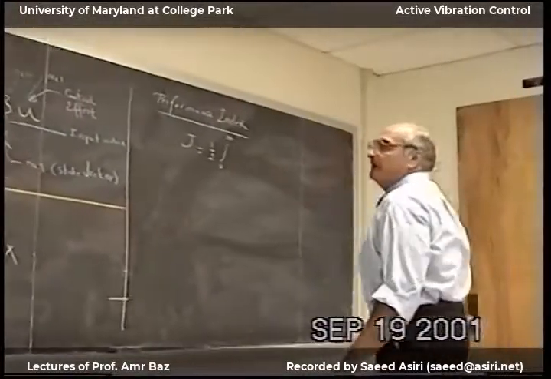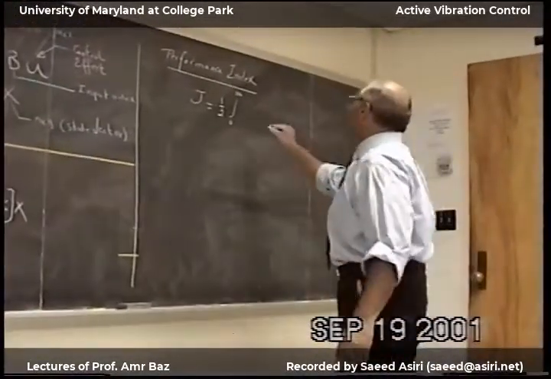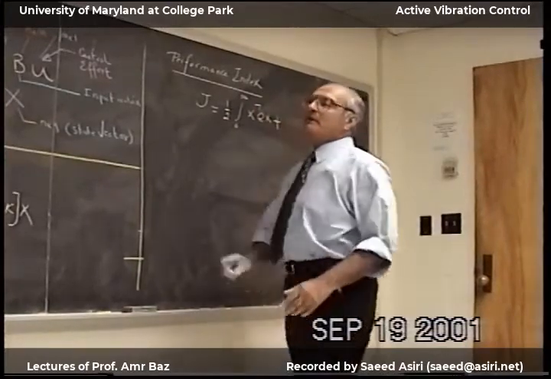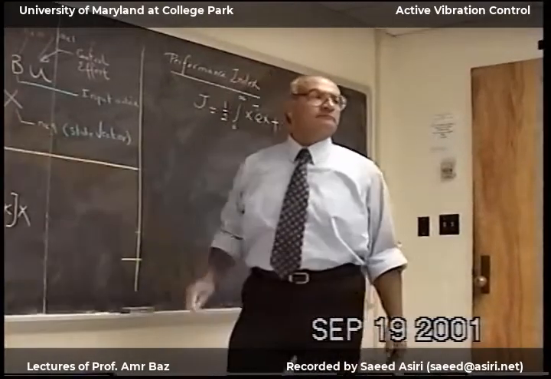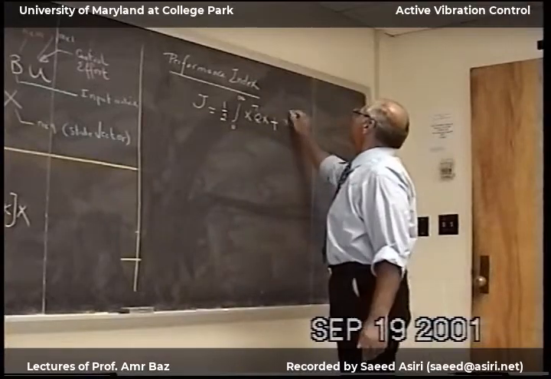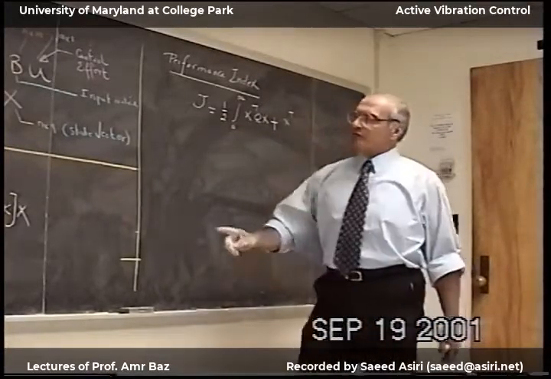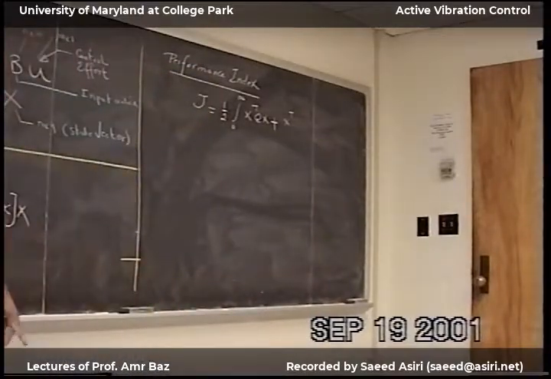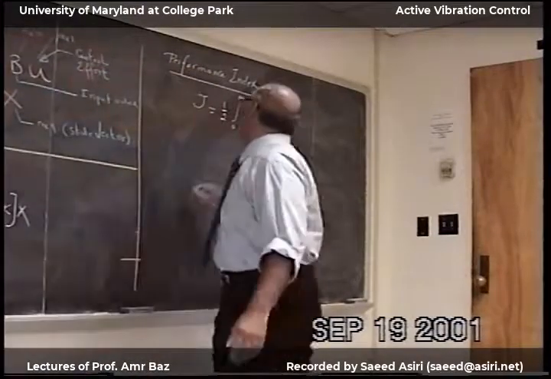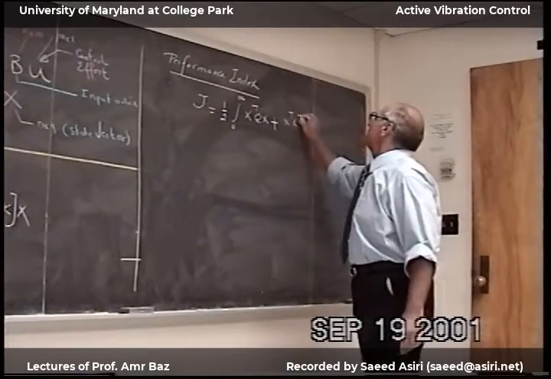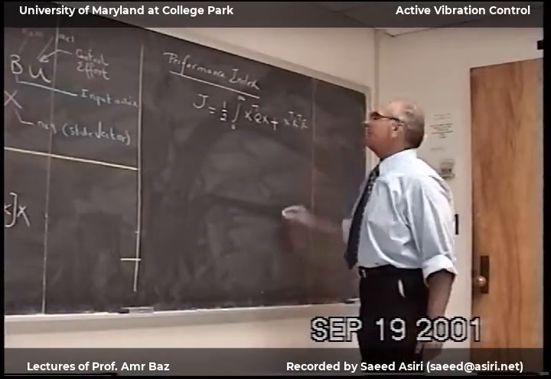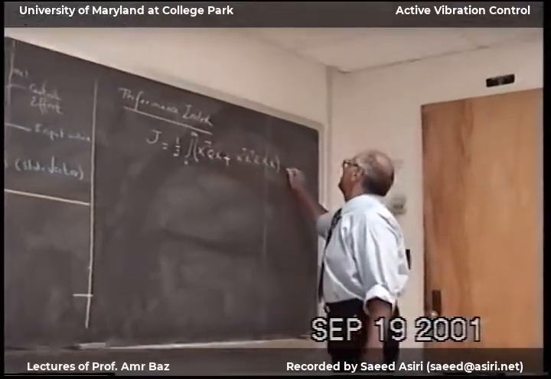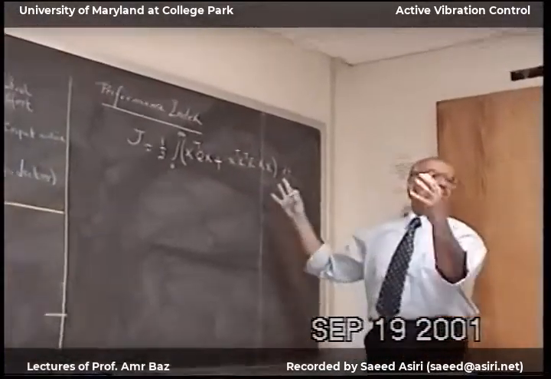I have x transpose Q x. And then now I'm going to replace the U from here. So this becomes x transpose K transpose R K x. Of course, we have a negative for this U and a negative for this U, so they become positive. And then dt. And now I'll group these.